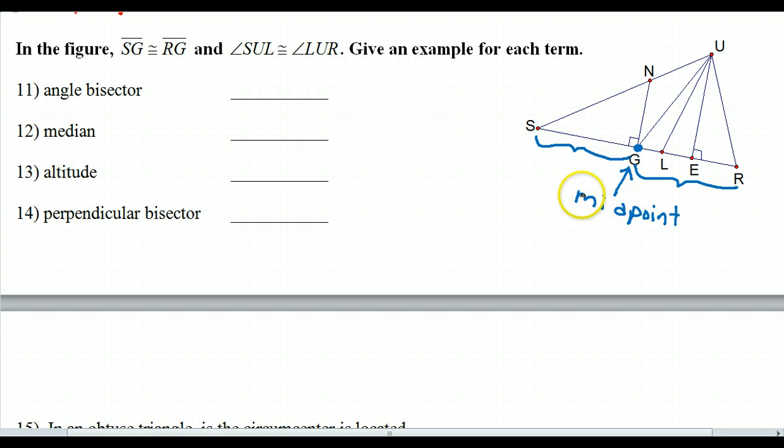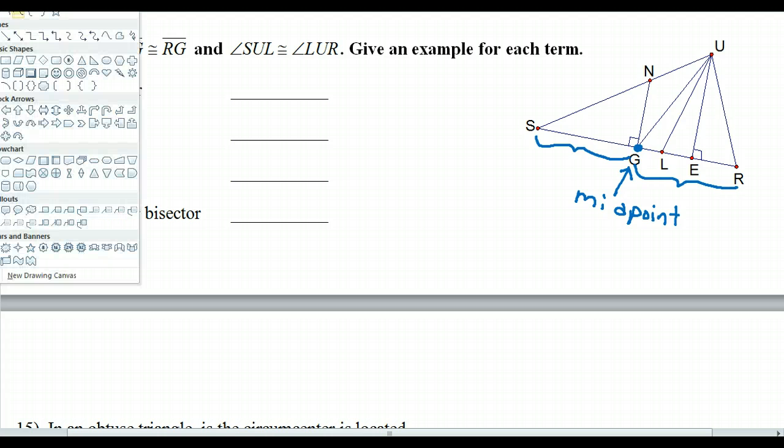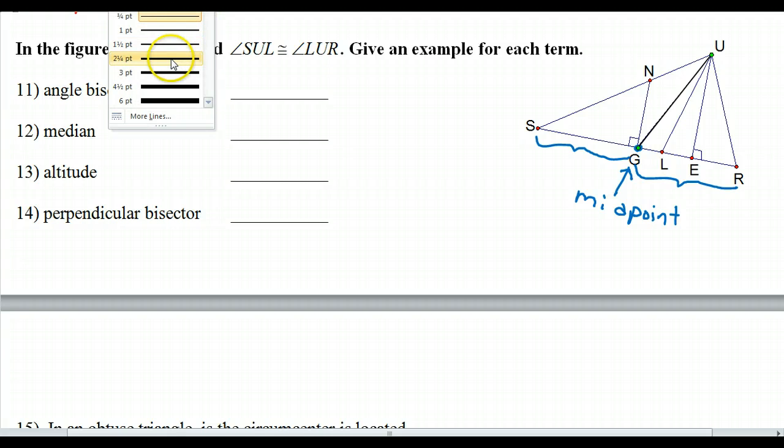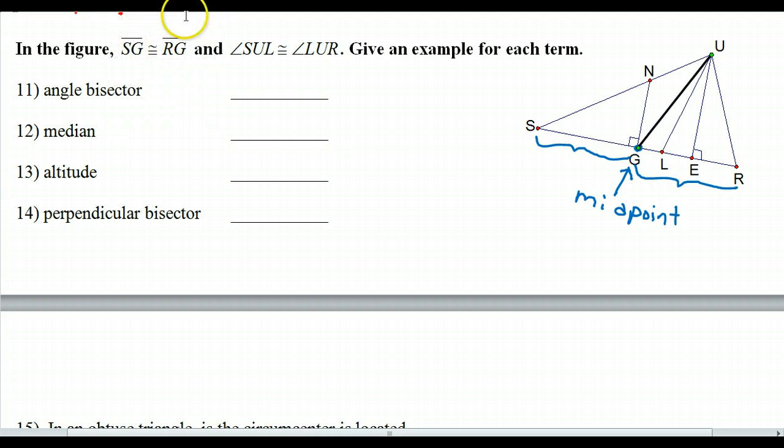Based on that, I'm going to look at segment UG right now. From U to G goes like that, more or less. And I'm skipping around a little bit.